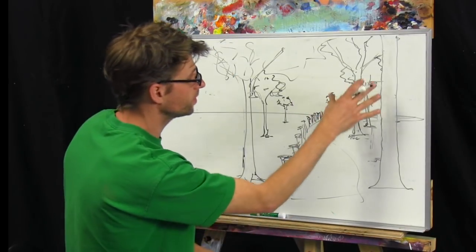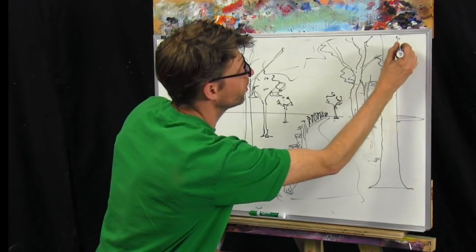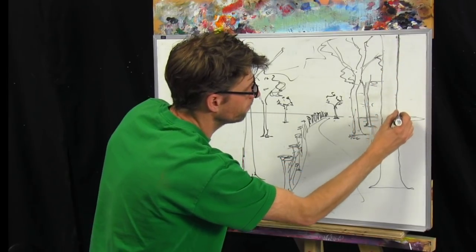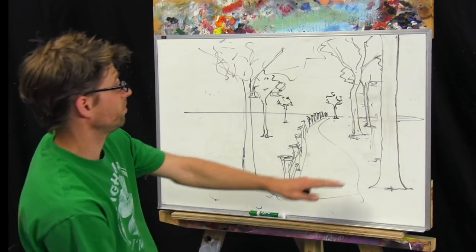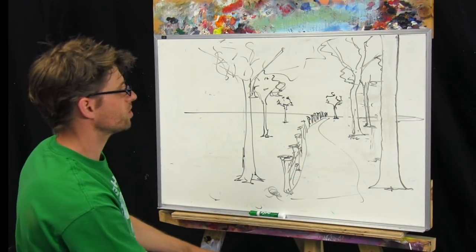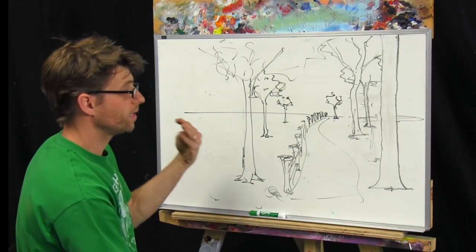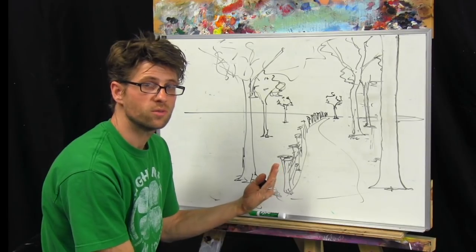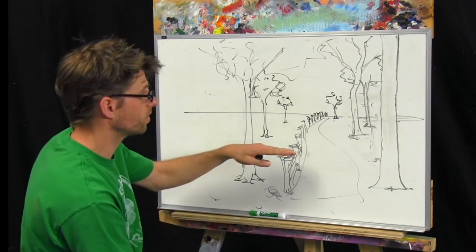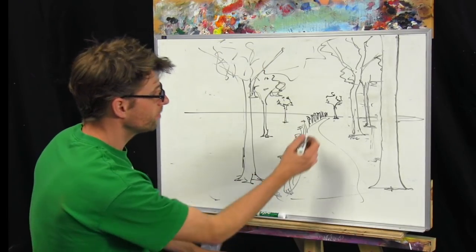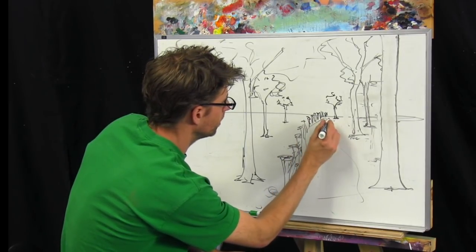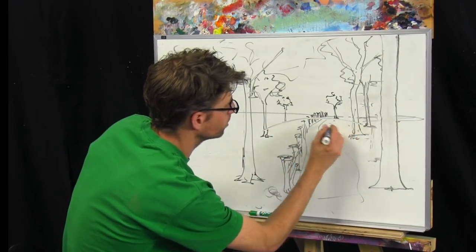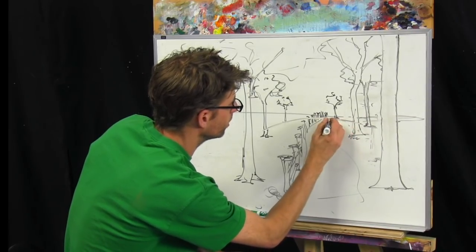So it's good in a picture to have things going all the way off, and it fits with this rule of perspective that an object's relationship to the horizon doesn't change with distance, but it does change with height. So if it goes up on top of a hill, that's what this road is looking like now. So if I do this, then this is going to look a lot more natural. This is now a road that's going over a hill.